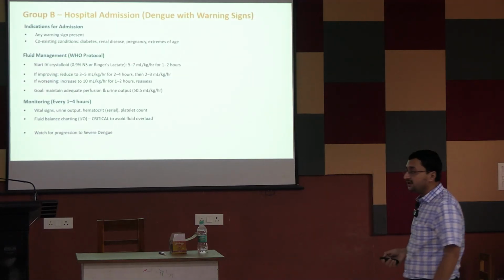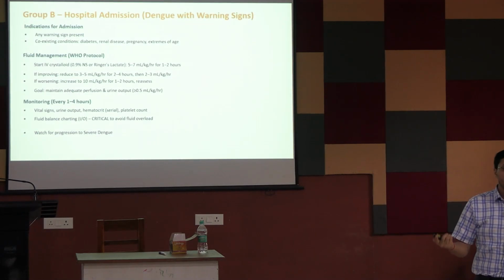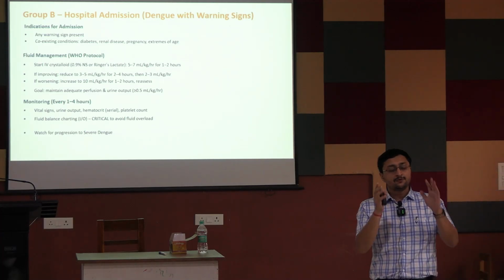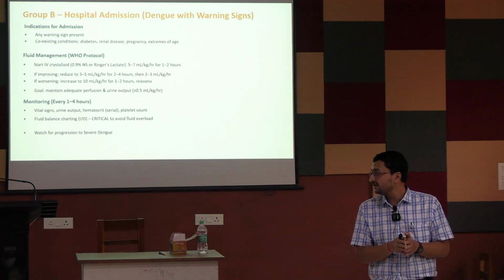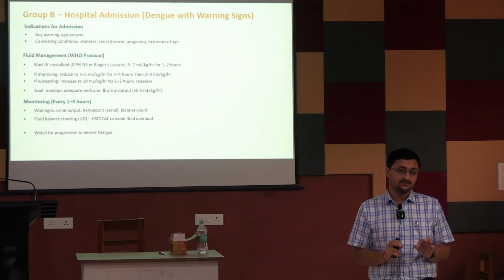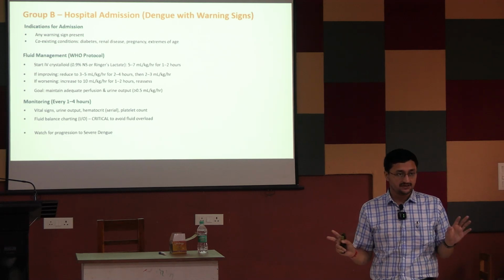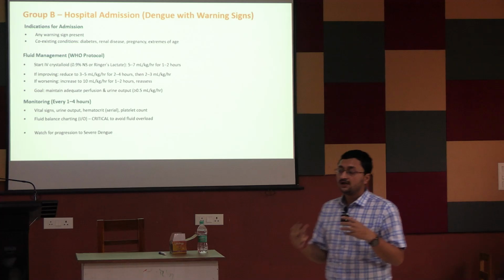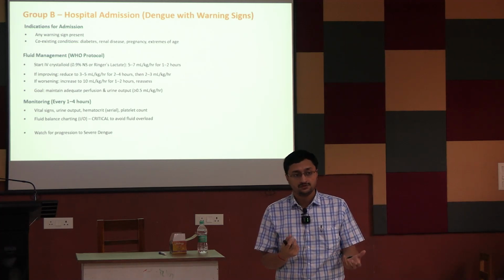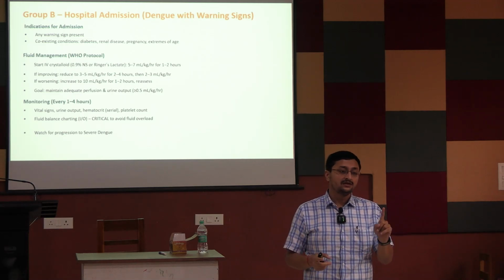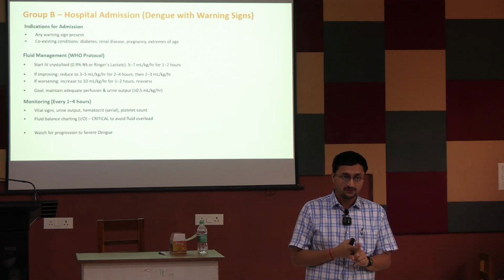Group B patients require hospital admission. The cornerstone of dengue management is only and only fluid management, okay, nothing more than that. So what are the things we should look for? You are giving fluid, is it adequate or not? You have to look for these signs. One is urine output, this is the most important one.